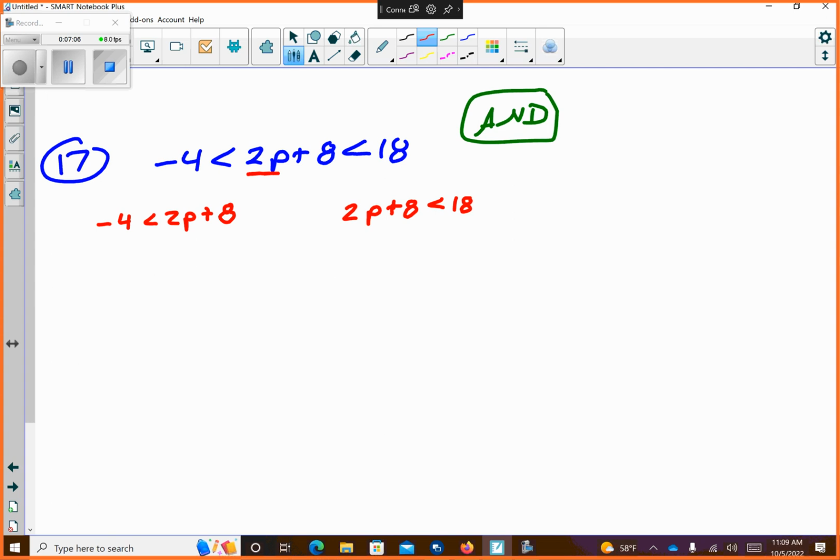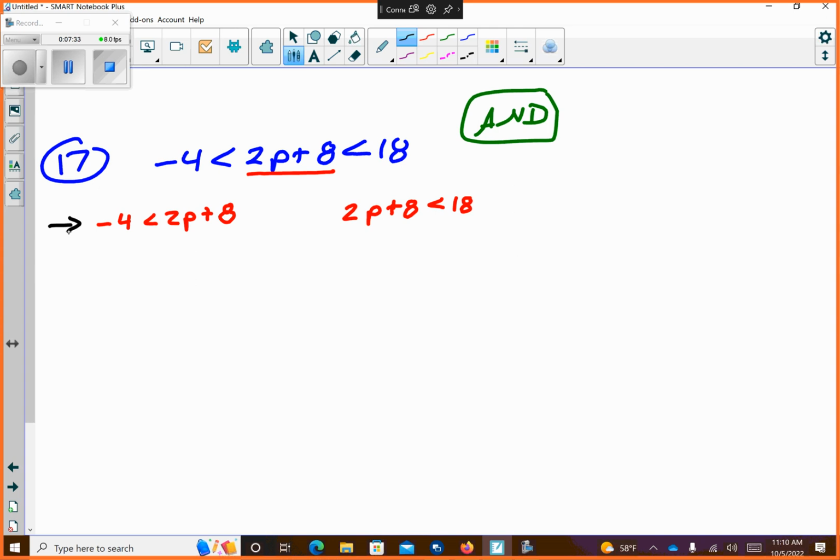So notice the 2p plus 8 went with the problem twice. Agree? It says, solve the inequality given interval notation. Okay. So I'm going to solve this. What should I do with this first problem here? What's the very first thing I should do and why?